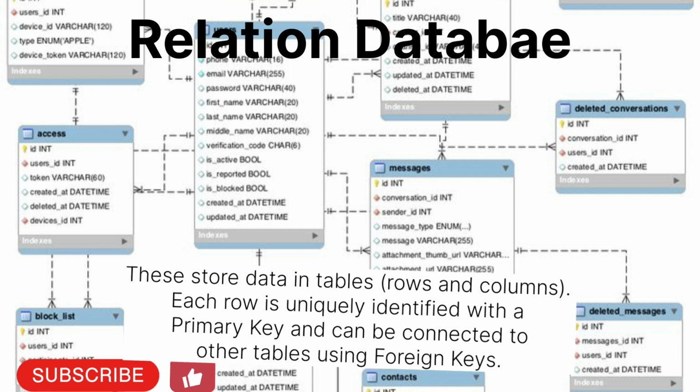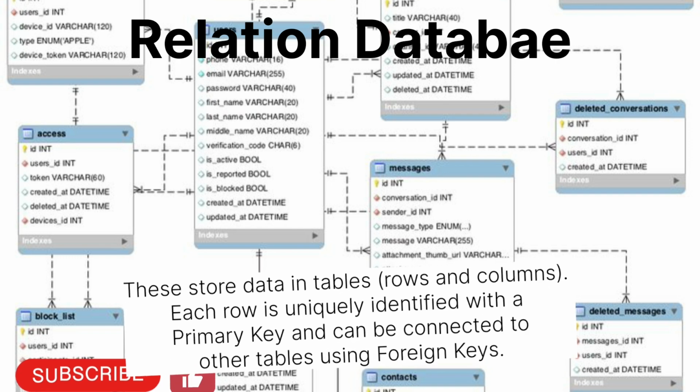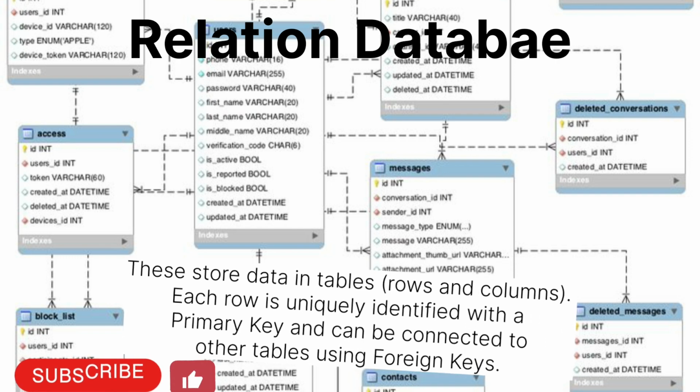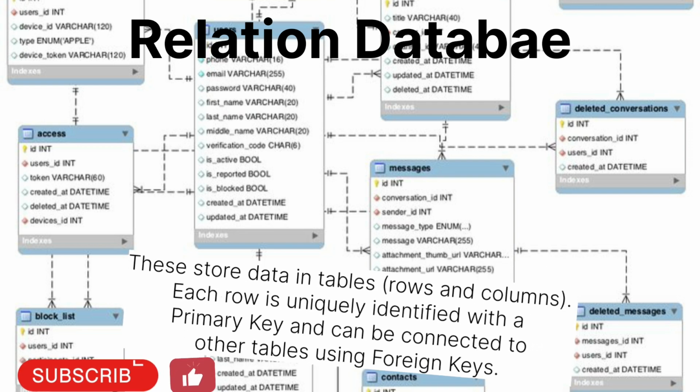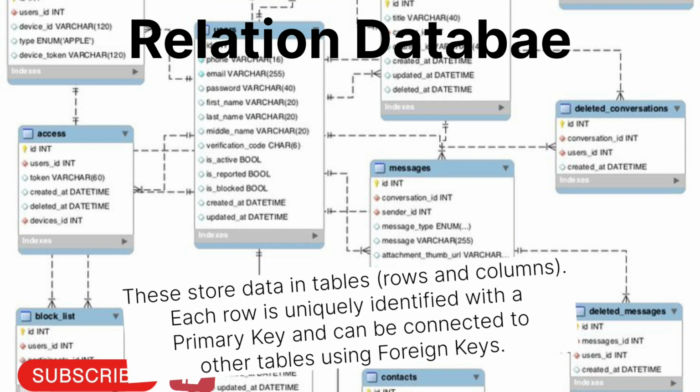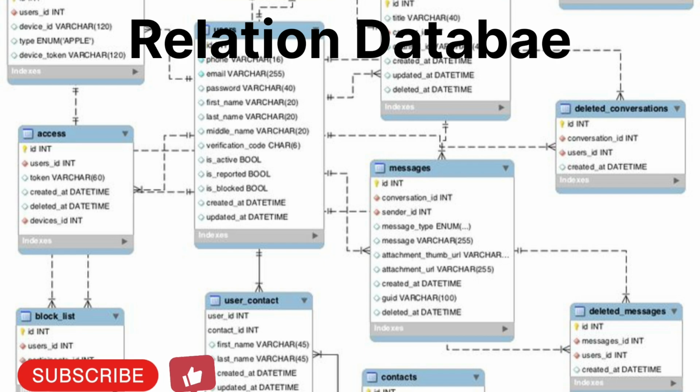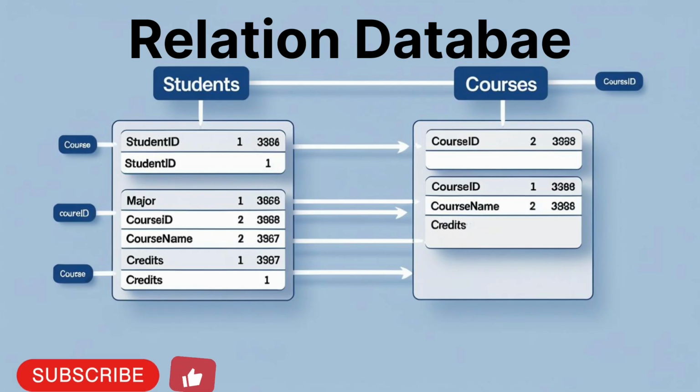Each row is uniquely identified with a primary key and can be connected to other tables using a foreign key, commonly used in structured data scenarios. Let's take an example: a student management system with a students table and a courses table linked by a course id. So this is an example of a relational database, because here the student table is connected with the course table by the course id.